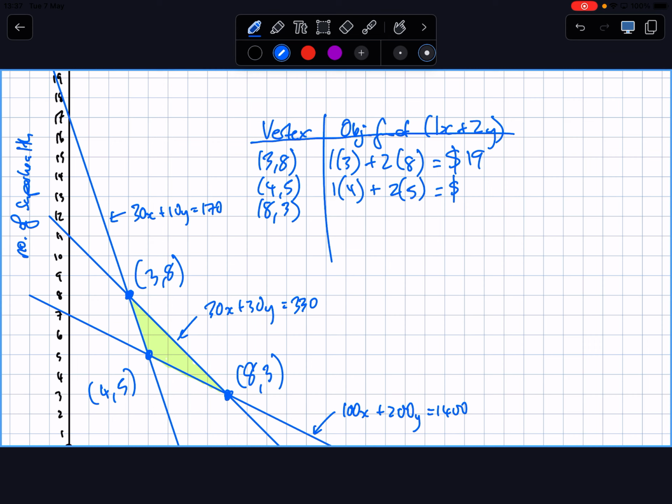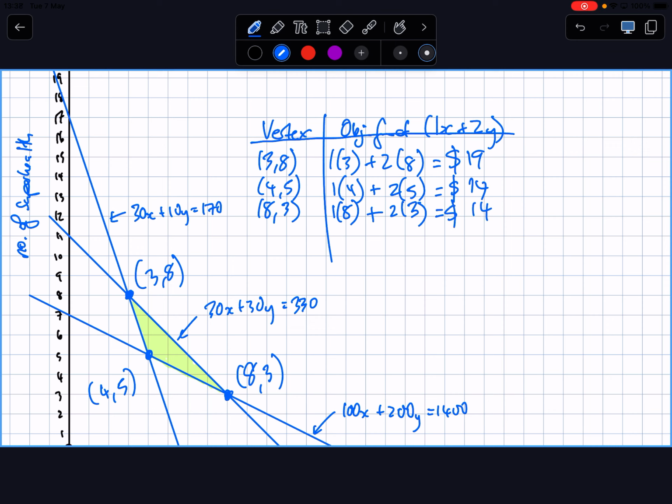What's that going to be? 14. And 1 lot of 8 plus 3 lots of 2, 2 times by 3. 8 plus 6, what does that come to? Good.